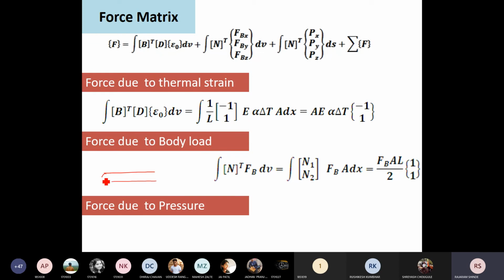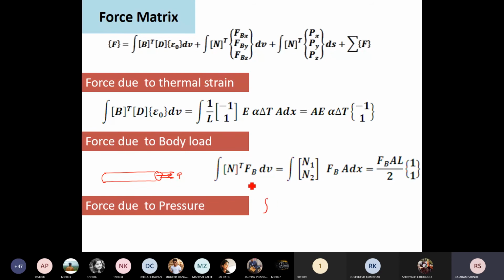If you consider this element, which has a cross-sectional area, then pressure will be acting like this. Now with this consideration, I will show you how to derive the pressure load matrix.